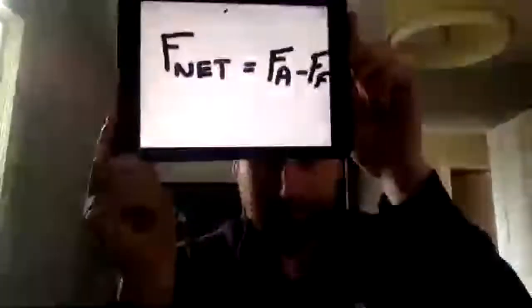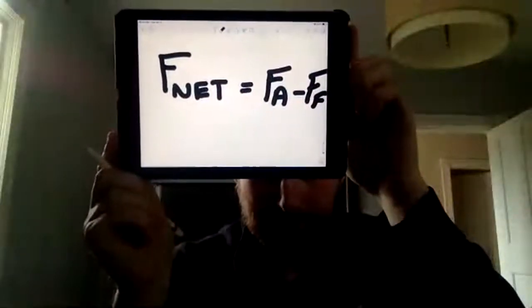So where F net is equal to FA minus FF. Right? We use those a lot without any units. Does that make sense?